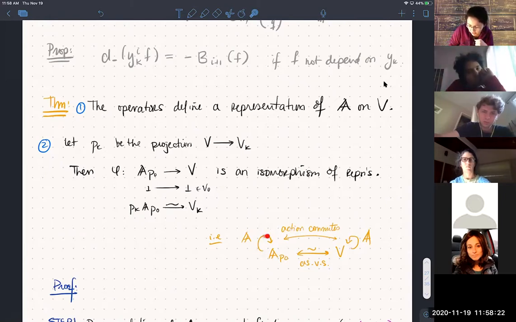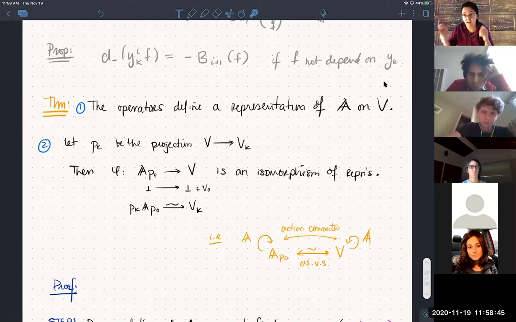This also has an action of A because it's a bunch of symmetric functions, so obviously you can define the same action. And the statement is that the action on this side and the action on this side commute through this isomorphism of vector spaces. Basically, you can act here and then go under the isomorphism, or first go under the isomorphism and then act, and you get the same thing. So that's all this is saying, that the structure is basically the same on both sides.